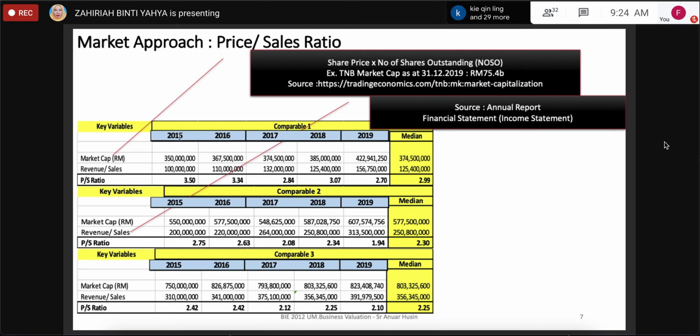The comparable, he extracted from the financial report, and you get, for comparable one, let's say this is company A, you get the market capital at this figure. And then you find the median.